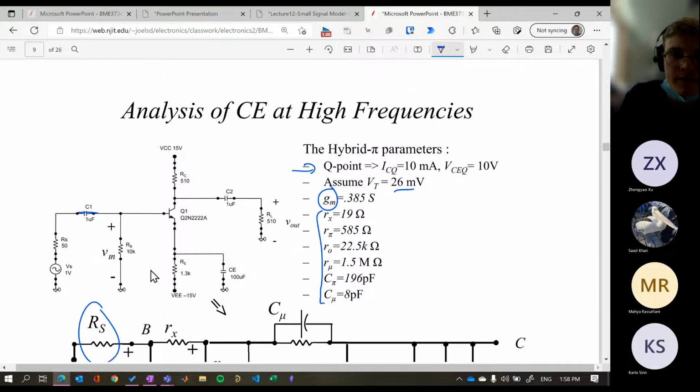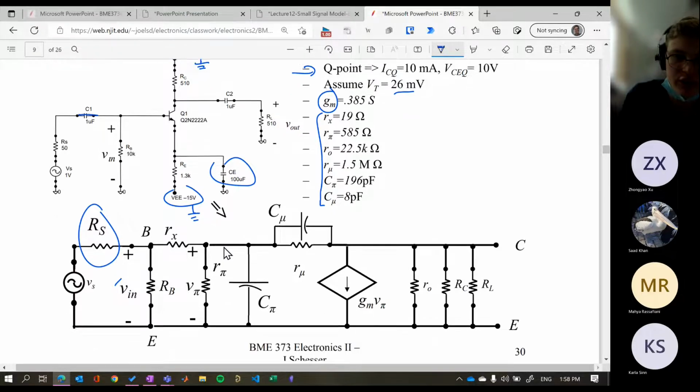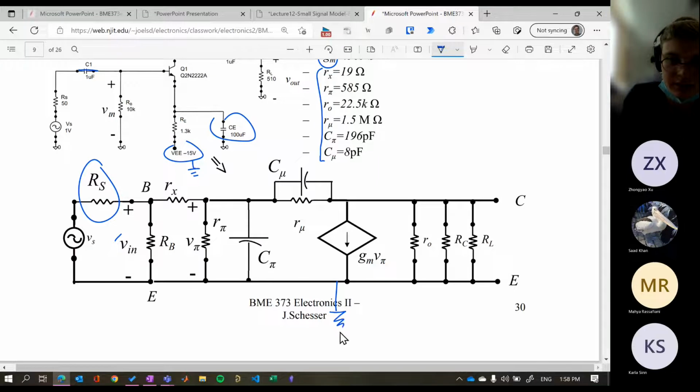Our RB becomes connected to ground, same as the rest. These both get grounded. Short circuit CE will counteract RE. If that wasn't a short circuit, RE would be sitting here.